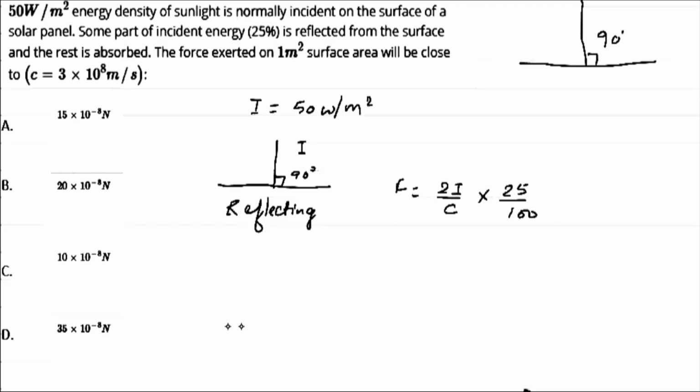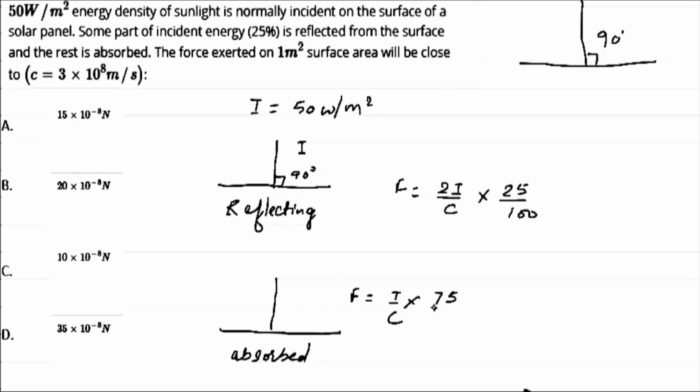Now the force exerted by absorbed light is given by F equal to I by C, but here 75% of the intensity is absorbed, so 75% of this is the force exerted by the absorbed light.